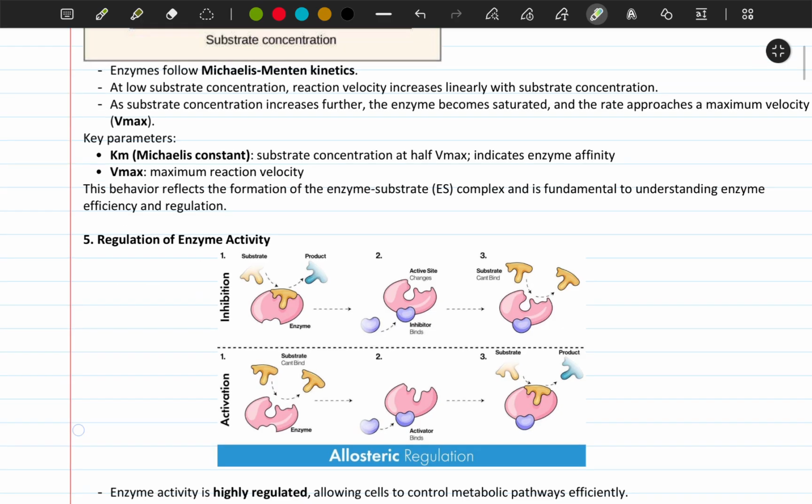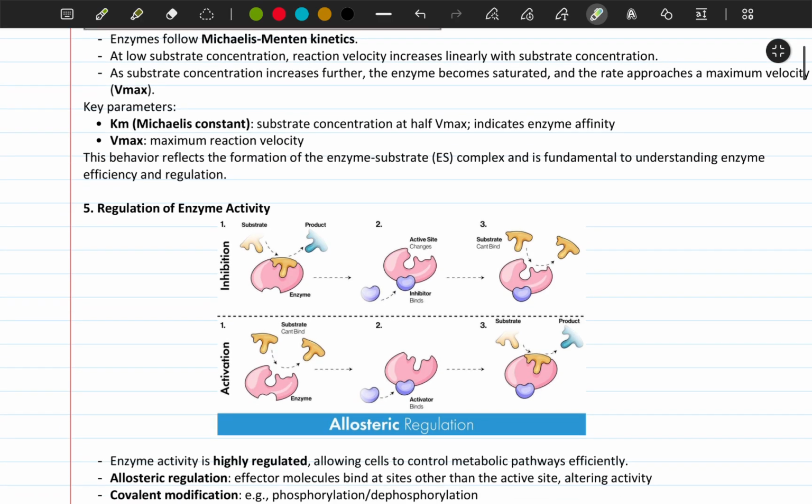Regulation of enzyme activity. So we are seeing different types of how enzyme activity is regulated. It is either inhibited or activated, right? What normally occurs? There's an enzyme, a substrate comes in and a product goes out.